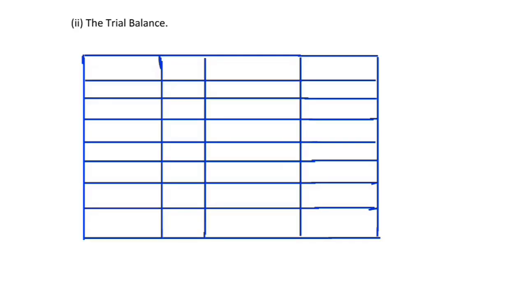Okay, so let us just prepare. We are sketching our table. Our table is going to have 4 columns. So the first one is particular, then folio, debit, and credit.